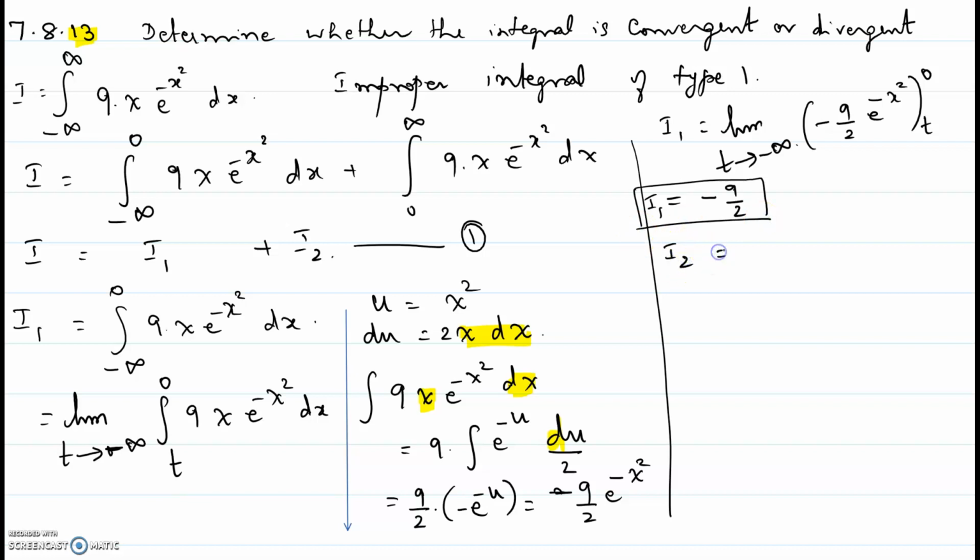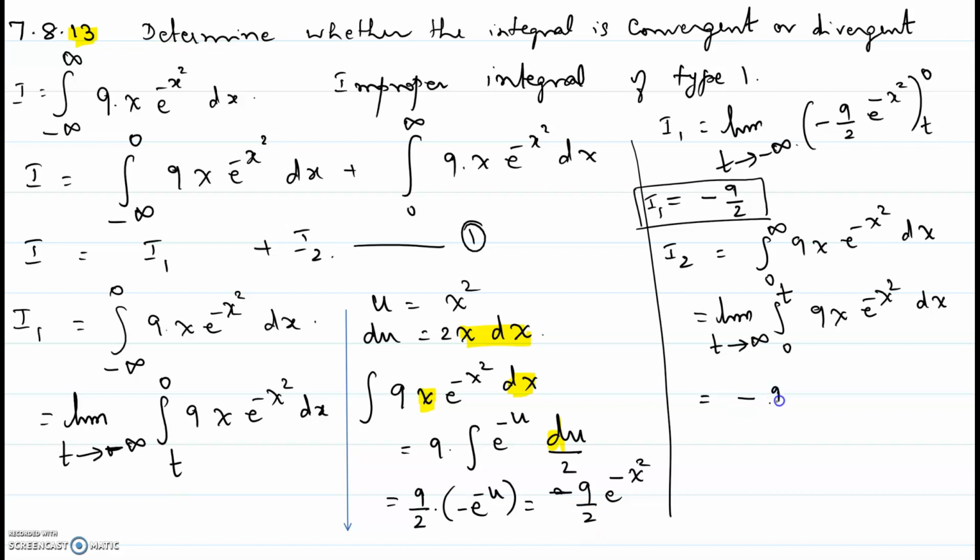Then we will do I2. I2 is the integral from 0 through infinity, 9x e to the negative x squared dx. We can apply the same technique except that we have to allow t to approach infinity. Then evaluate that as the integral from 0 to t, 9x e to the negative x squared dx. We will have a similar computation here. So it will become negative 9 halves e to the negative x square, with limits from 0 through t, then t approaches infinity.